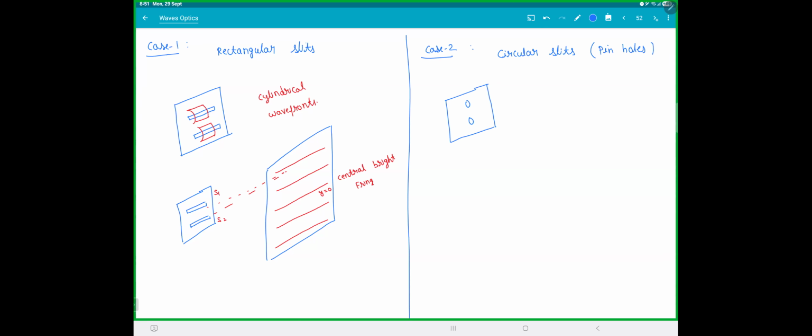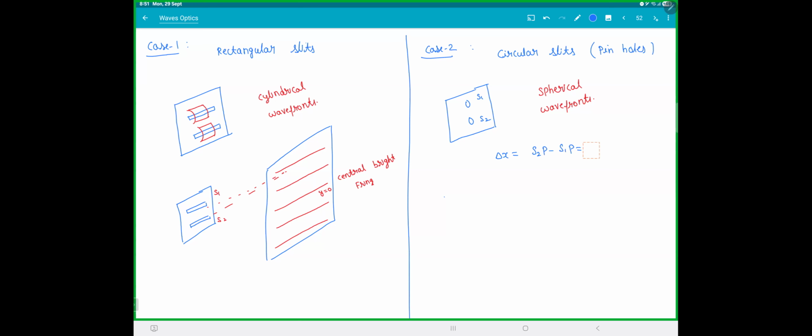So here you get spherical wavefronts. Now here, remember the path difference, delta x, is S2P minus S1P, which is equal to n lambda.